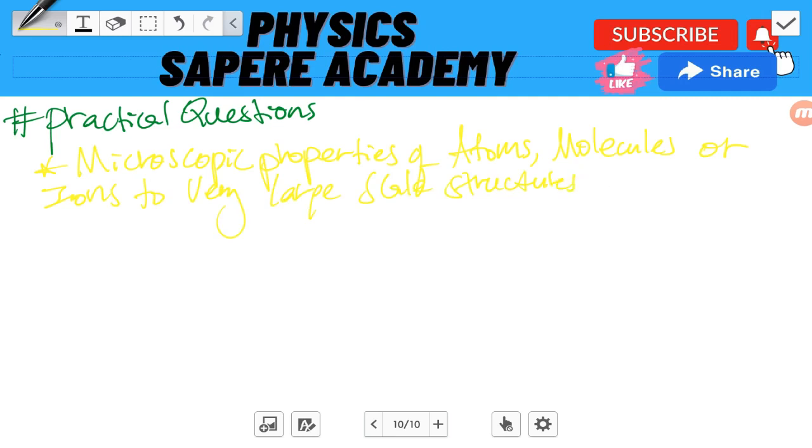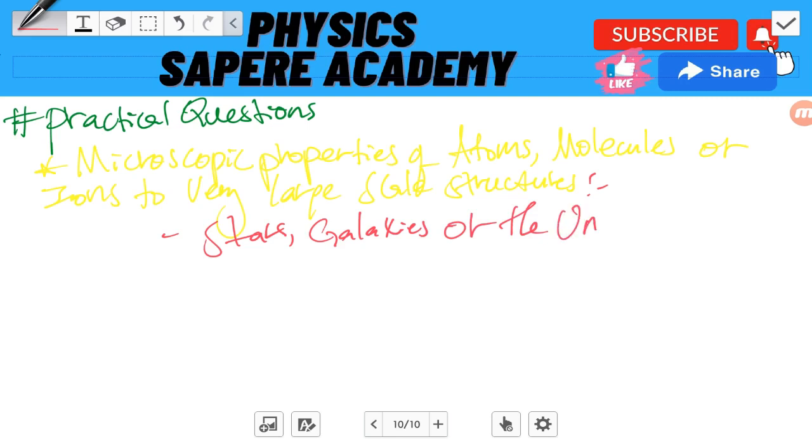These large scale structures might include stars, galaxies, or the universe as a whole. It ranges that far, from atoms, molecules or ions to stars, galaxies, or the universe.